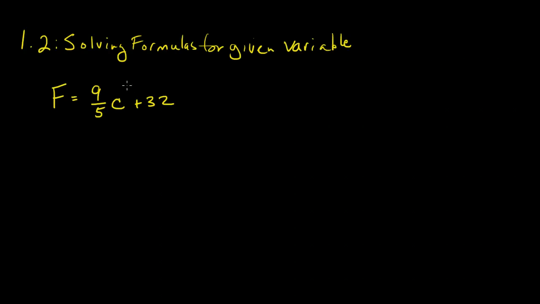For instance, if I am given a temperature of 32 degrees Celsius, and I want to know what that is in Fahrenheit, and I need to know what number to put there, then I showed you in the last video how you can just substitute that value in.